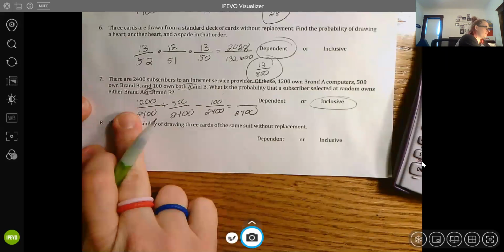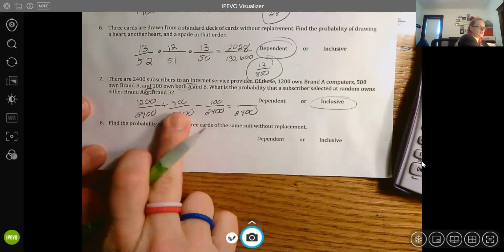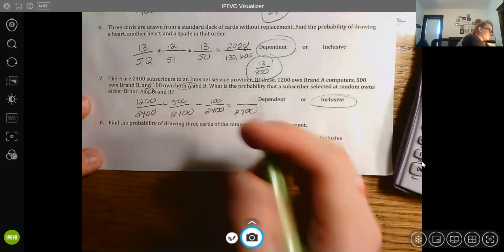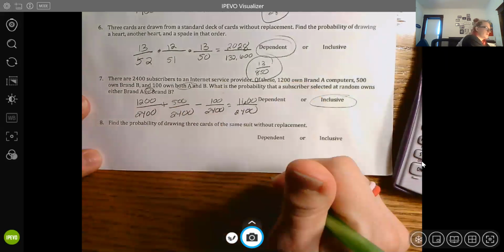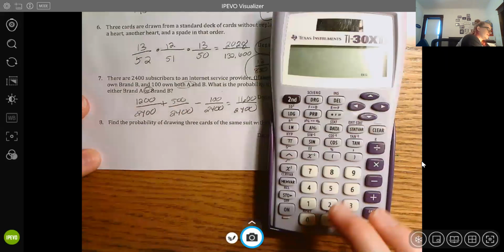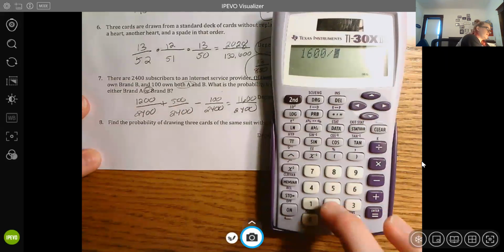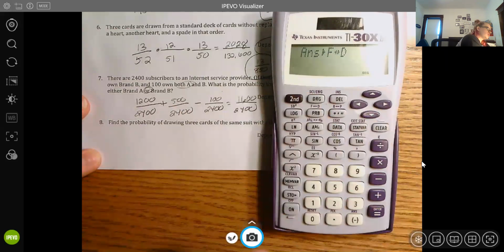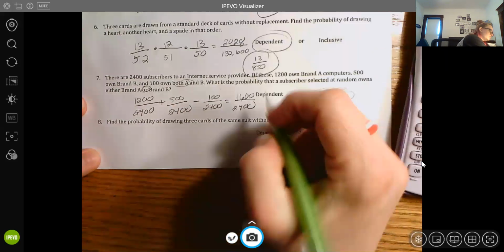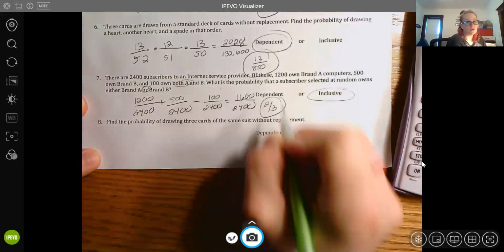So 1,200 plus 500 minus 100 is 1,600. So 1,600 divided by 2,400, and I get 2/3. So 2/3 of people are going to have brand A or B.